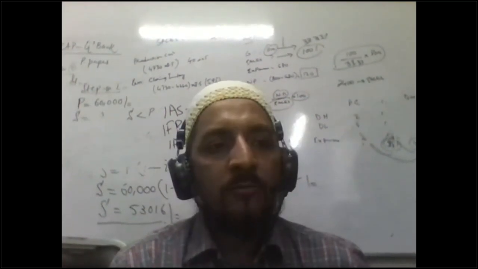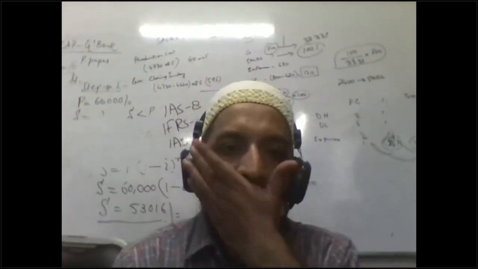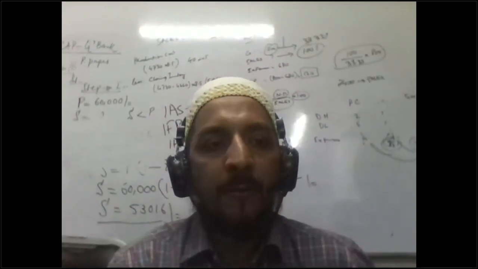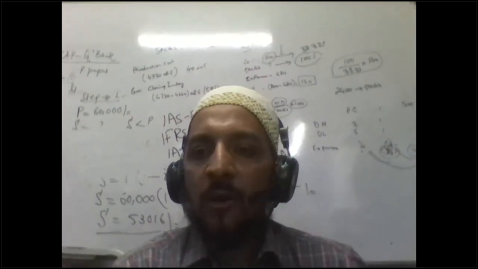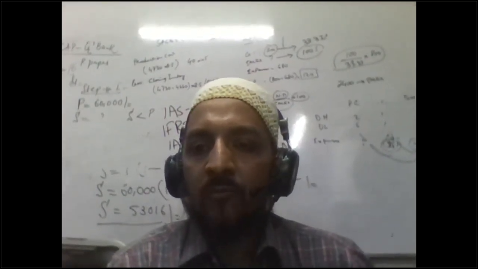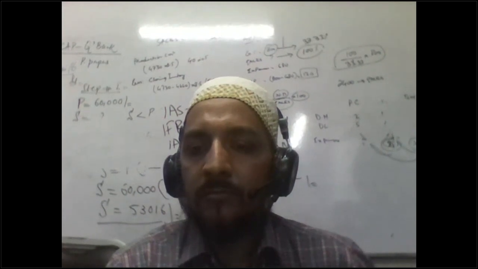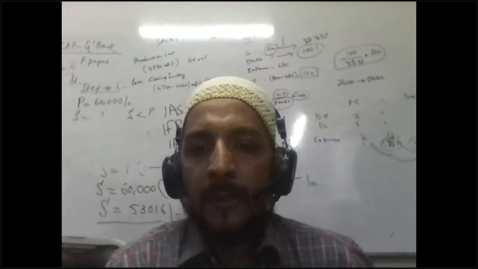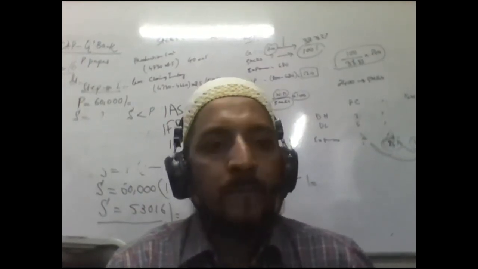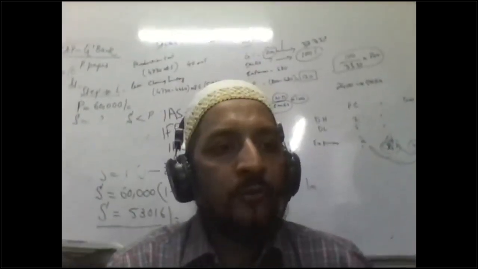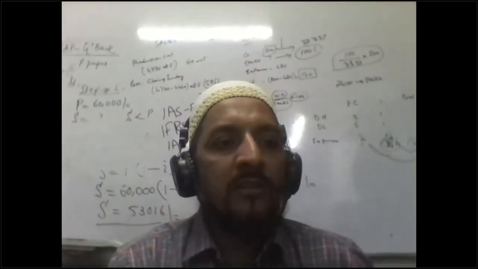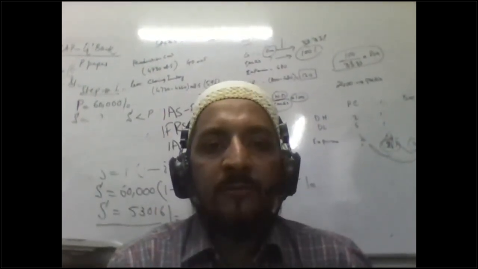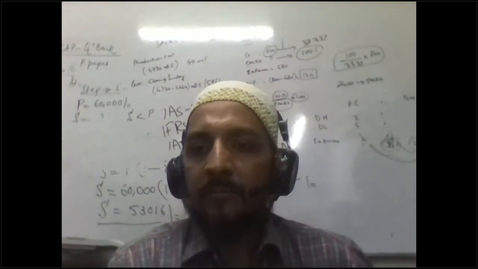So according to the question, Ding is going to pay 4 annual lease payments, and these payments are going to increase at a rate of 4% per annum. As you can see in the pink shade, the payments will rise by 4% per annum.